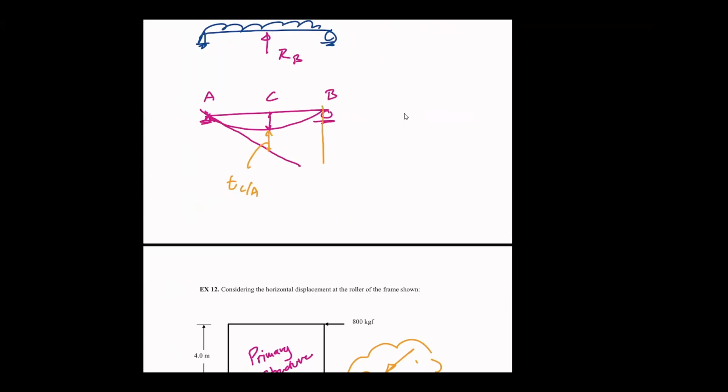Then you have to calculate TBA, and the deflection becomes like this distance is half TBA, so delta mid-span becomes like TBA over 2 minus TCA, something like that. So it's kind of difficult, and not very welcome.